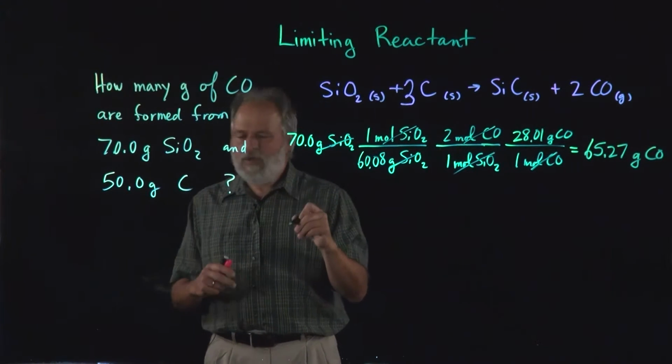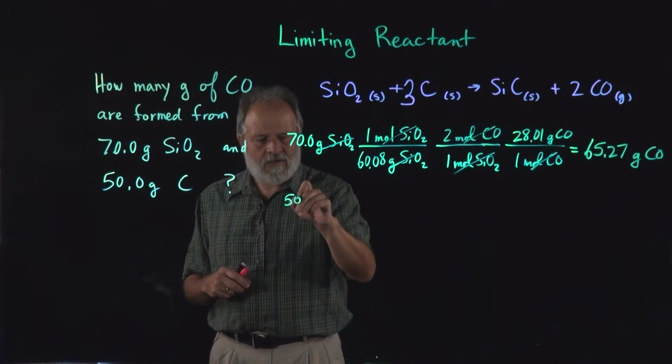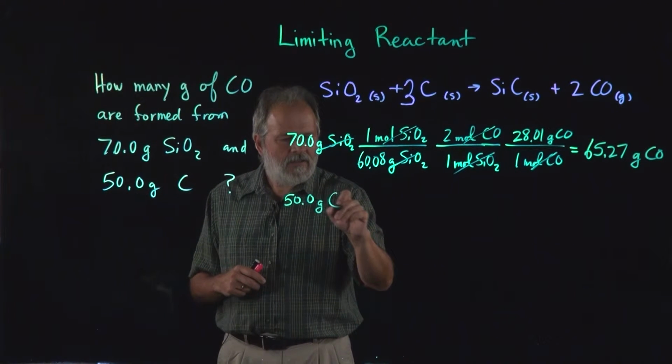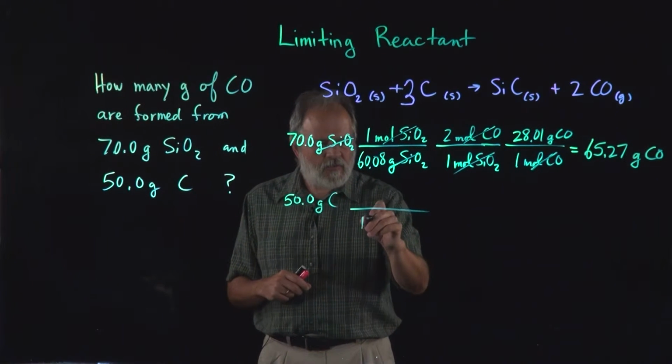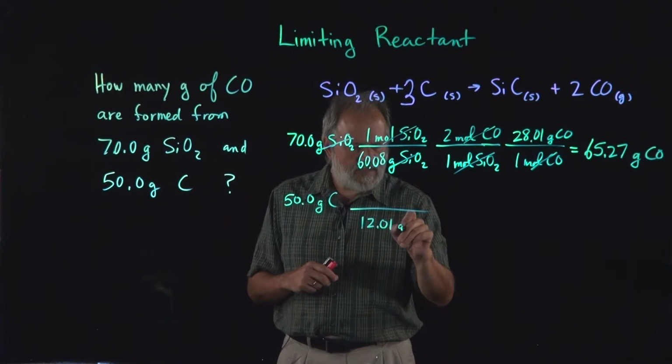Okay, so now how much can we make from carbon? Well, we start with 50 grams of carbon, and you should get quite good at this sort of conversion if you do it enough times.